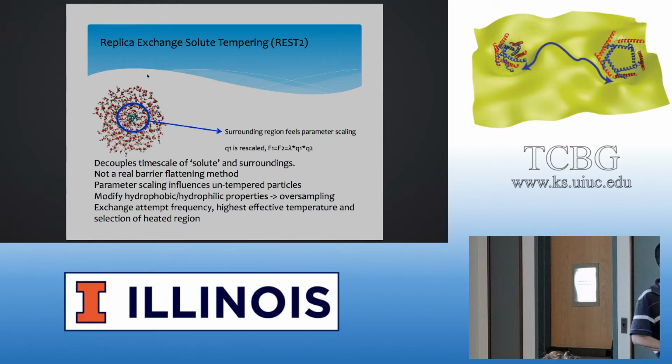This is a good thing, but somehow also a bad thing, because REST2 decouples the time scale of solute and surrounding. That means if you apply too strong biasing in REST2, you completely decouple the time scale of the surrounding and the solute. That means the surrounding atoms don't feel any acceleration from the solute.